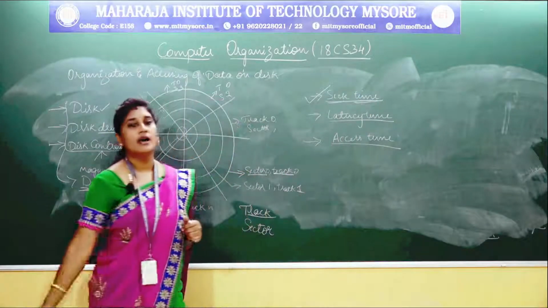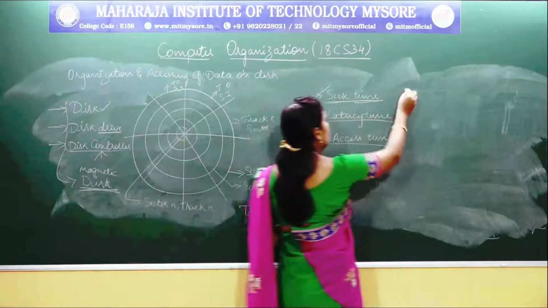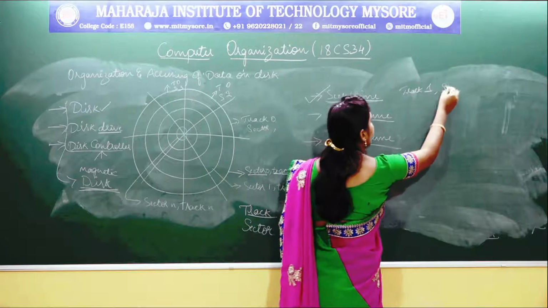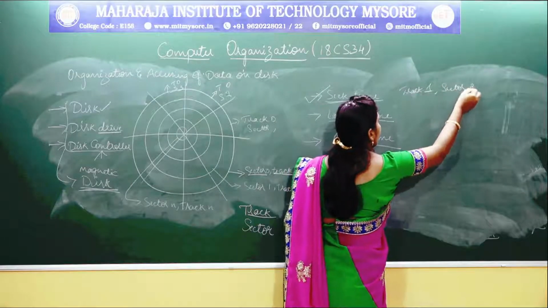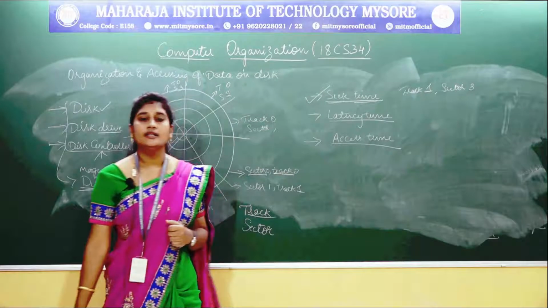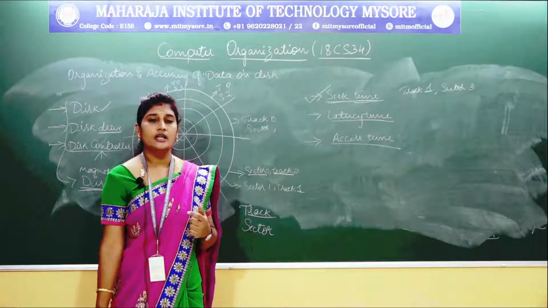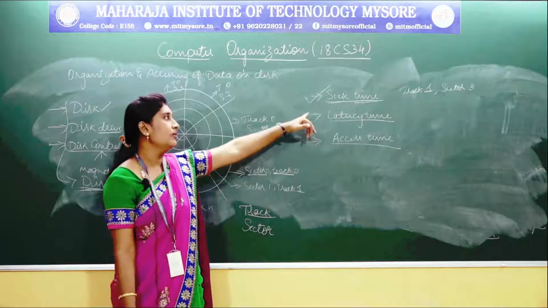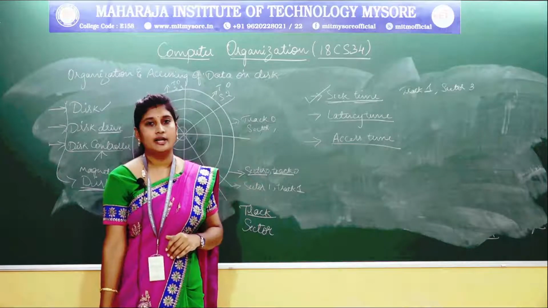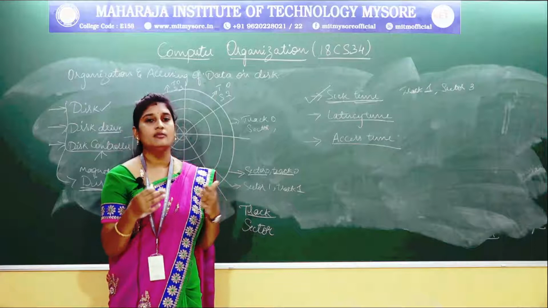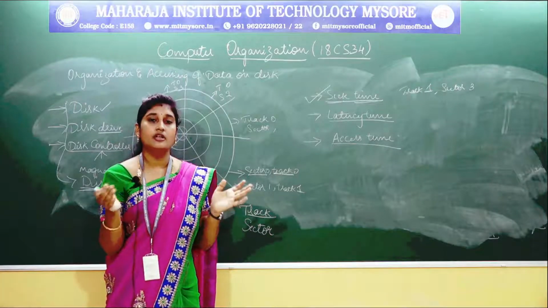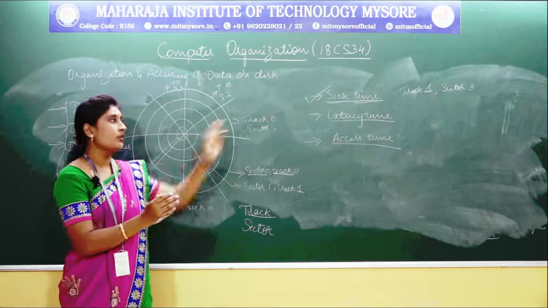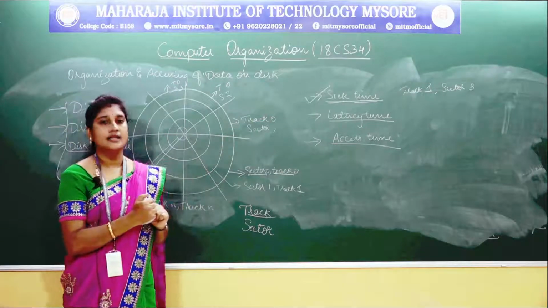So if my address is track 1 and sector 3, the time duration taken to reach the track 1 position is the seek time. I am taking a time interval to reach the addressed position of my disk.